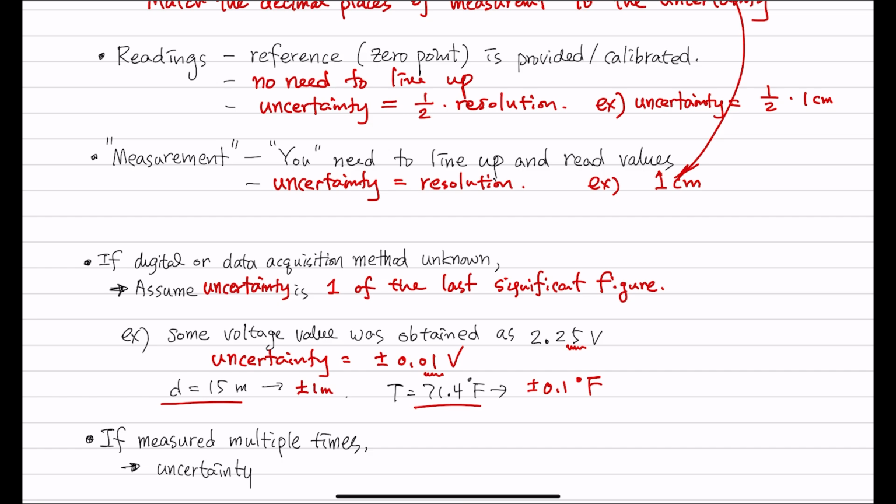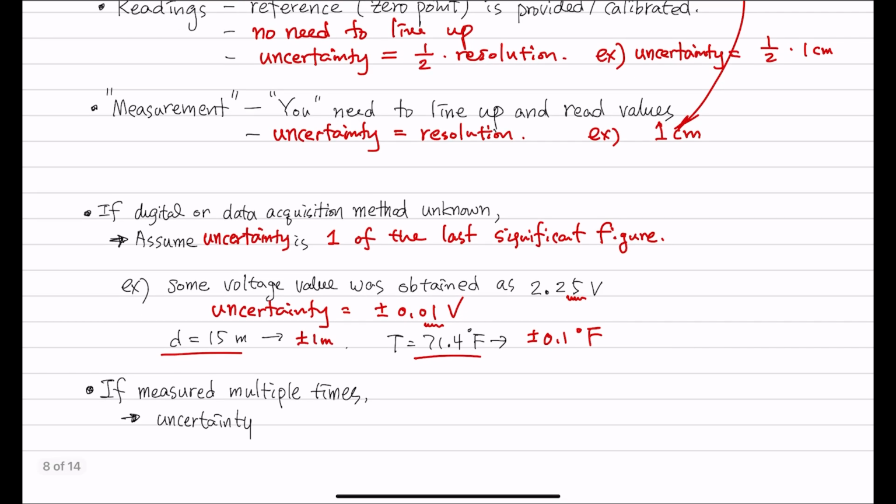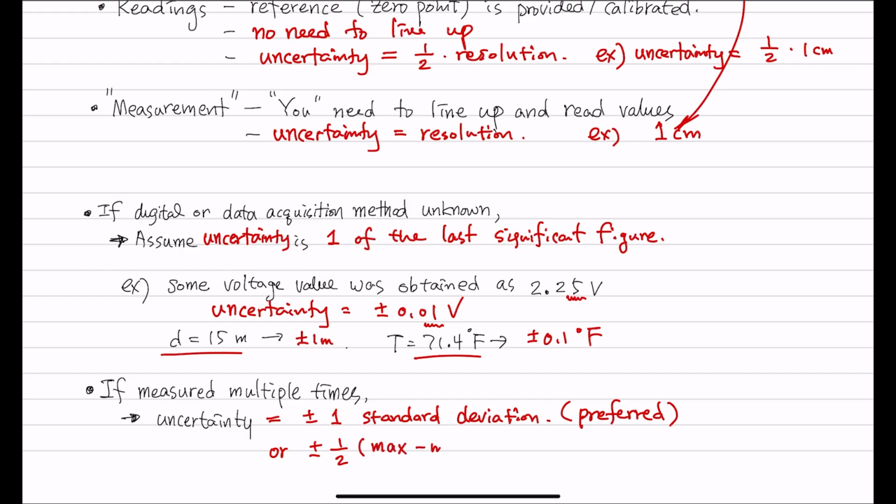And if something was measured multiple times, the uncertainty is going to be defined in two ways. So one case is people use one standard deviation as the uncertainty, and this is usually preferred in engineering. On the other hand, there are many cases where people just use 1/2 of the max value minus the min value. Okay?